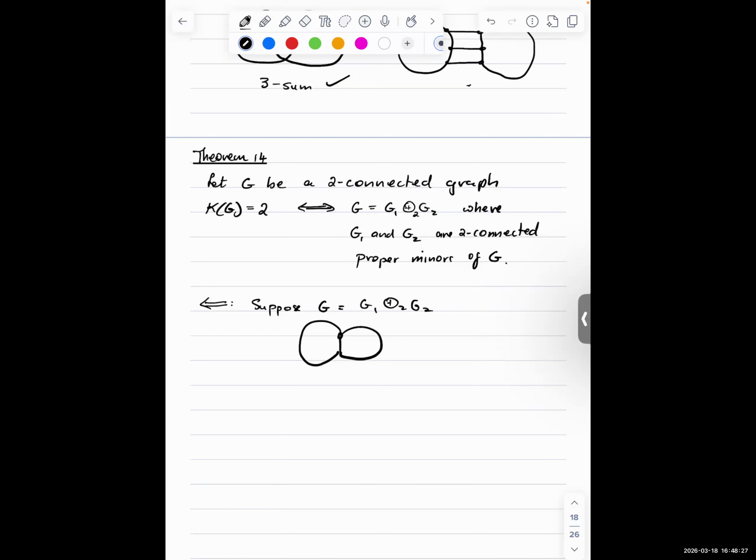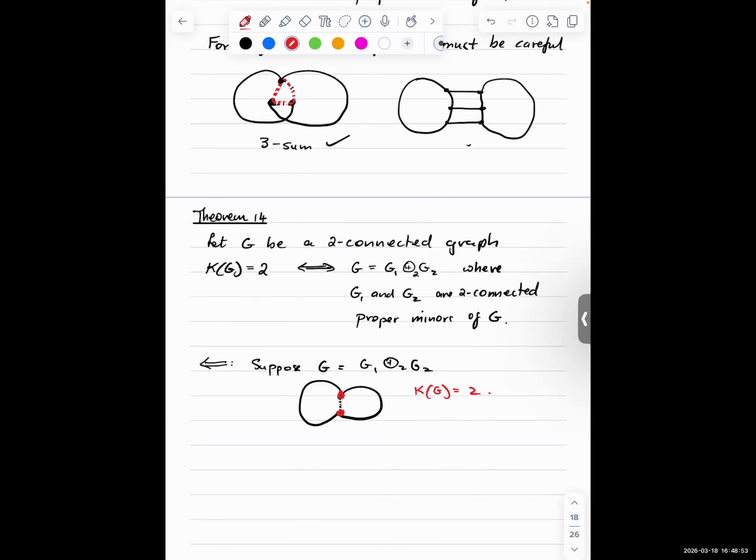So there is an edge that you removed, right? So these two vertices become cut vertices over there, forming a two-element cut set. So kappa G equals 2. So one direction is straightforward. That's what fails over here.